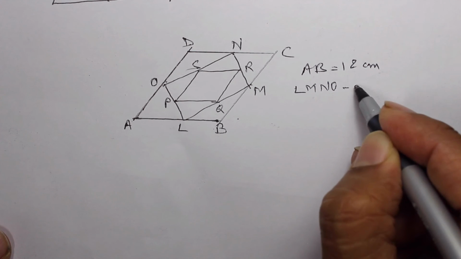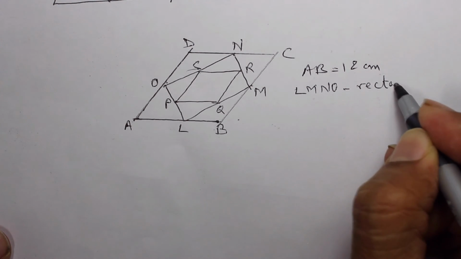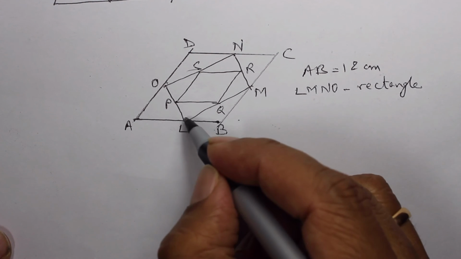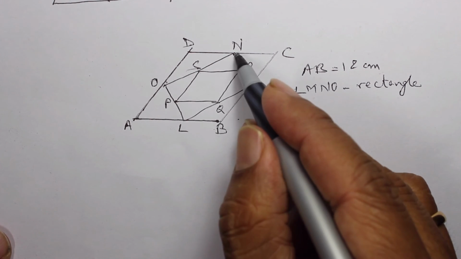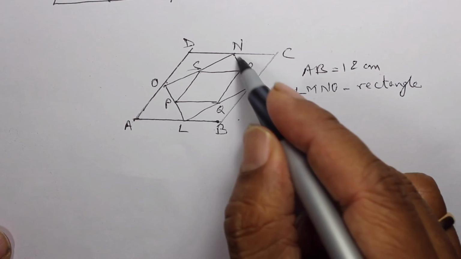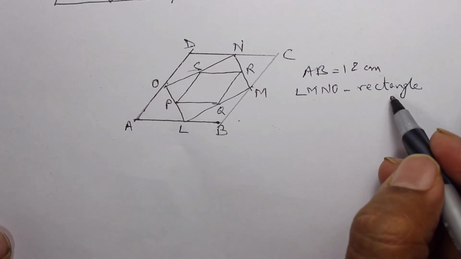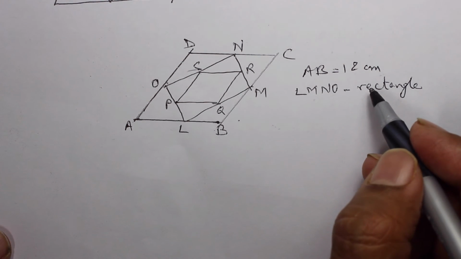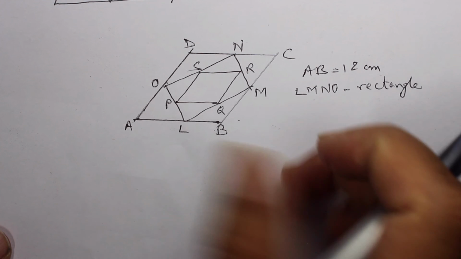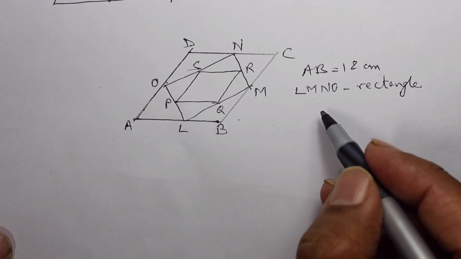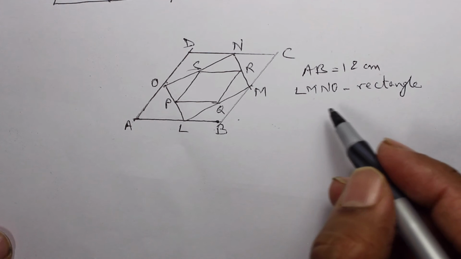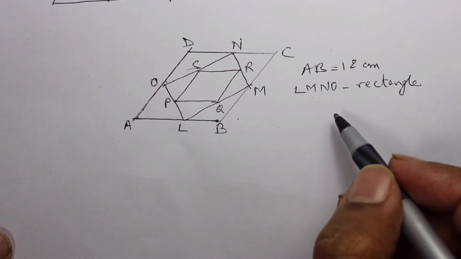LMNO is a rectangle, because these will be 90 degrees, but the length of LM and MN will not be the same, since rhombus is a skewed figure. I mean, this can be proved, but this is quite intuitive and it should directly do it unless someone is asking for the proof.